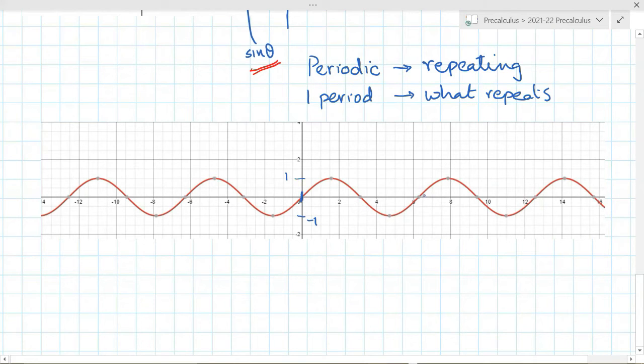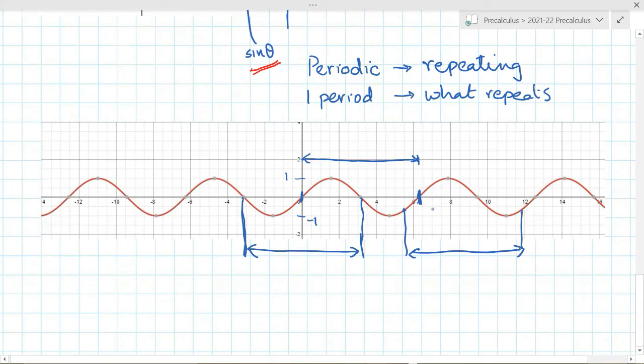And we can pick any portion of this. So from here to here, right? That portion is repeating, right? But I could also take from here to here, and that is also repeating. I could take from here to here, and that is also repeating.